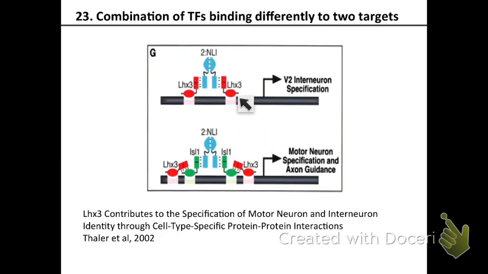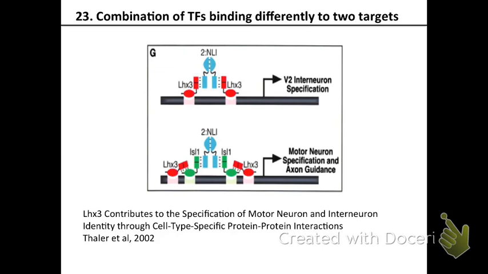Okay? So you can see that although LHX3 is required for the expression of both V2 neurons and motor neurons, the molecular mechanism by which it regulates both of them is different and is determined by the presence of additional transcription factors and the location, the architecture, I would say, of where the binding elements are in the regulatory sequences.